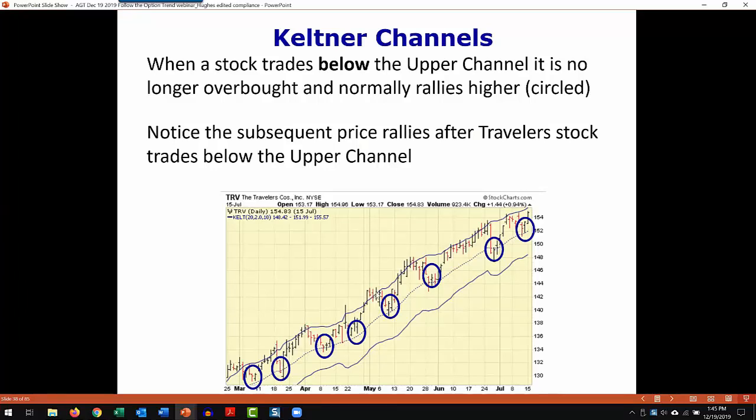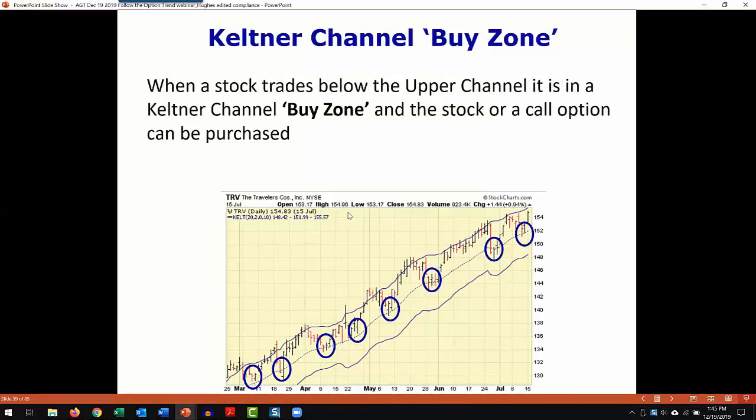So when it traded below the upper channel, it was no longer overbought, and it's likely to rally again after trading below the upper channel. So when a stock trades below the upper Keltner channel, it's in a Keltner channel buy zone, and the stock or call option can be purchased.